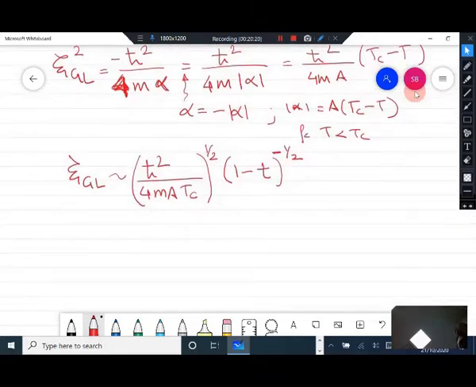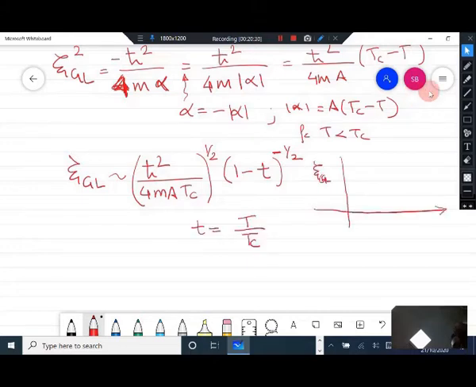So if I plot the behavior of the Ginzburg-Landau coherence length as a function of temperature T by Tc, then if this is 1, namely T equal to Tc, the coherence length is going to be flat far away.